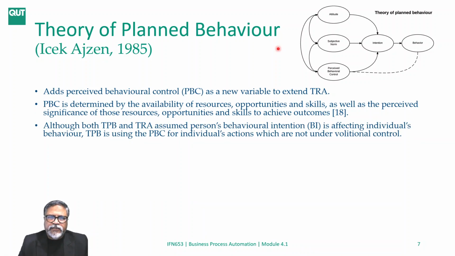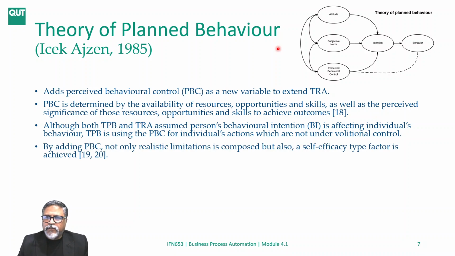So both the theory of planned behavior and the theory of reasoned action assume that a person's behavioral intentions, let's commonly call it BI, not business intelligence, affect individuals' behavior. TPB is using perceived behavioral control for individual actions which are not under volitional control. And that's why the theory of planned behavior was considered a much better theory than TRA and TIB.